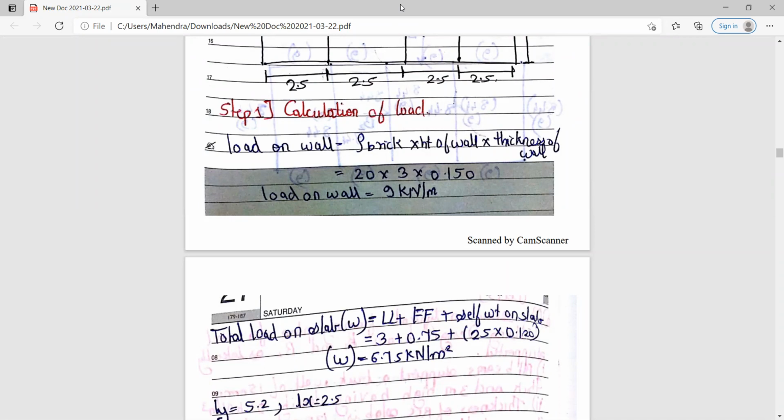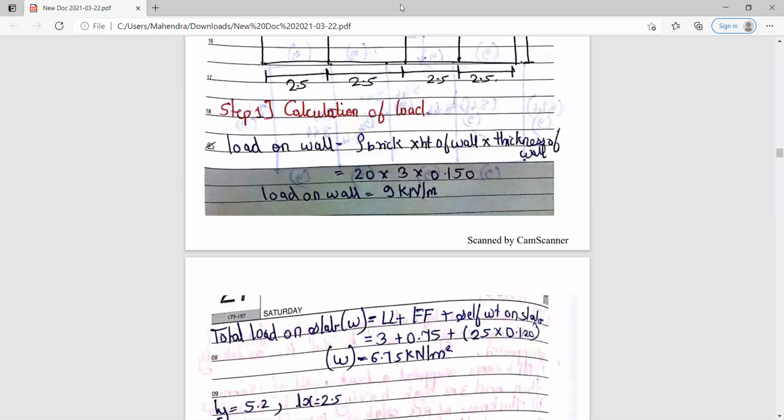Then we need to calculate the total load on the slab. Whenever we calculate the total load on the slab, what do we take first? Live load plus floor finish plus self weight of the slab. The live load is already given, that is 3. Then floor finish is 0.75, and the self weight of the slab is 25 multiplied by 120.